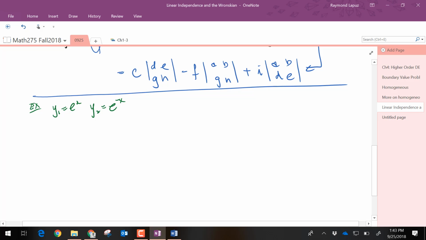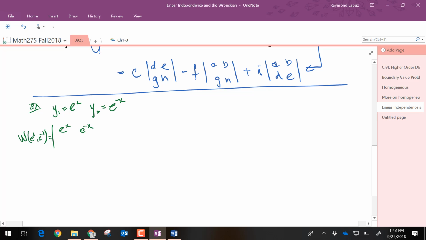So this is just going to create a 2 by 2 matrix. The Wronskian of these 2 functions is the determinant of e to the x, e to the minus x.